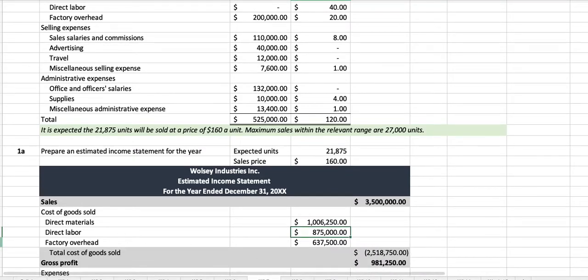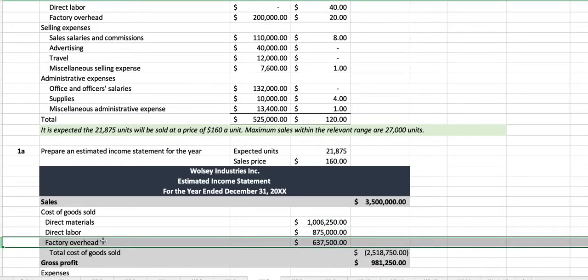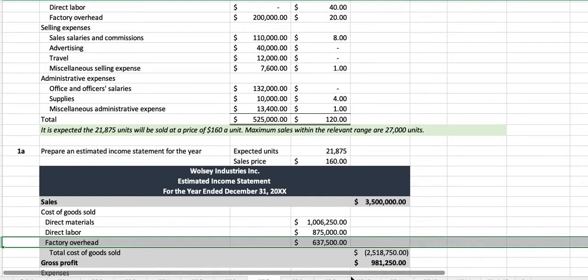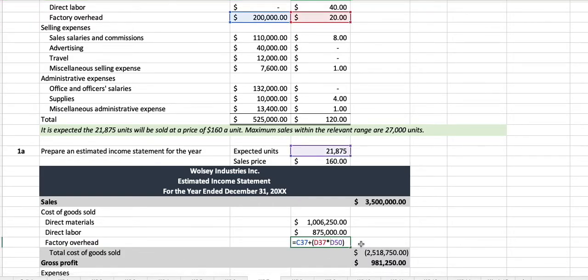And then we get to our factory overhead. And this is where we really need to combine both the fixed piece and the variable cost per unit sold. So I took my $200,000 that I have to pay even if I don't produce and sell even one unit. And then I want to add that to the variable costs associated with my factory overhead.